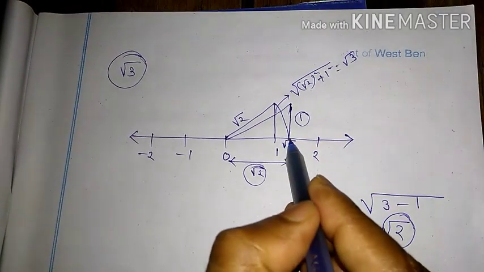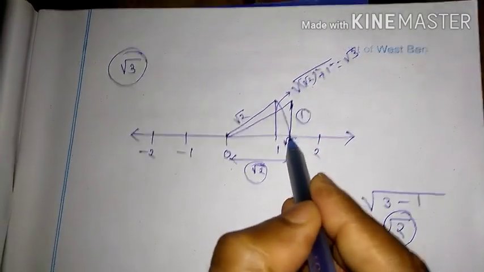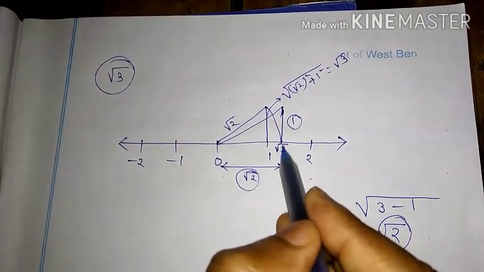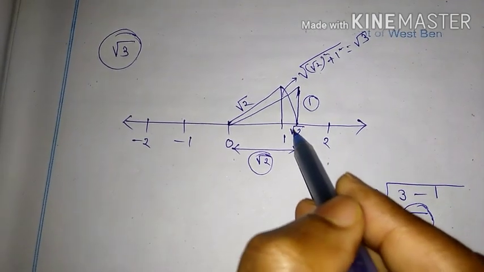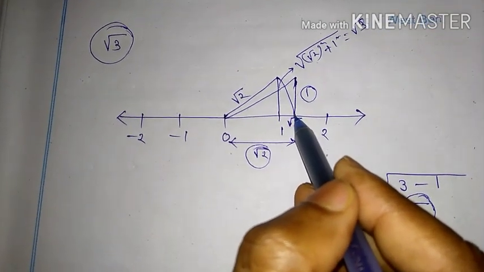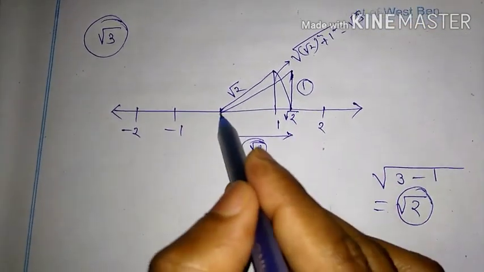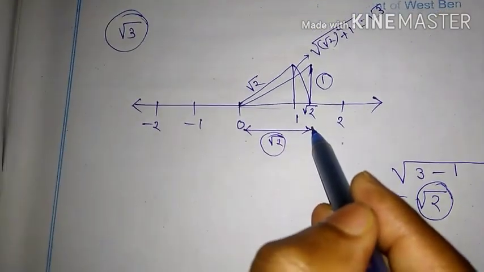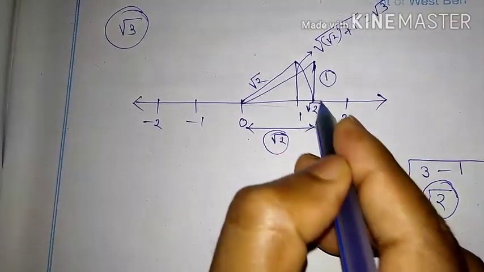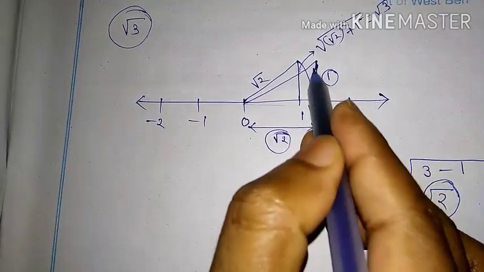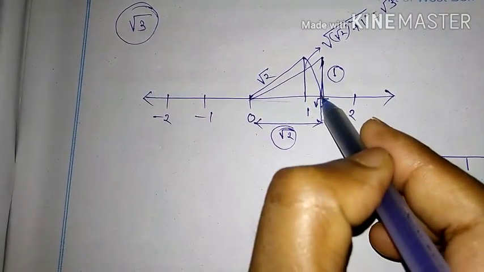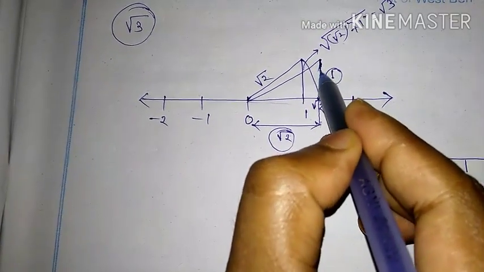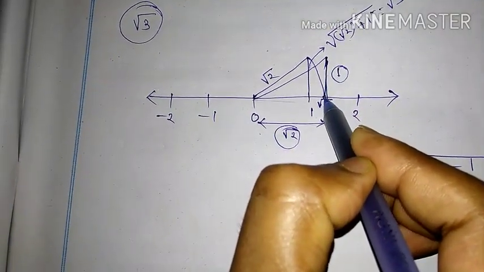That we already located in the previous question. Now this portion on the number line is root 2 and this portion is 1. Draw a perpendicular of length 1.